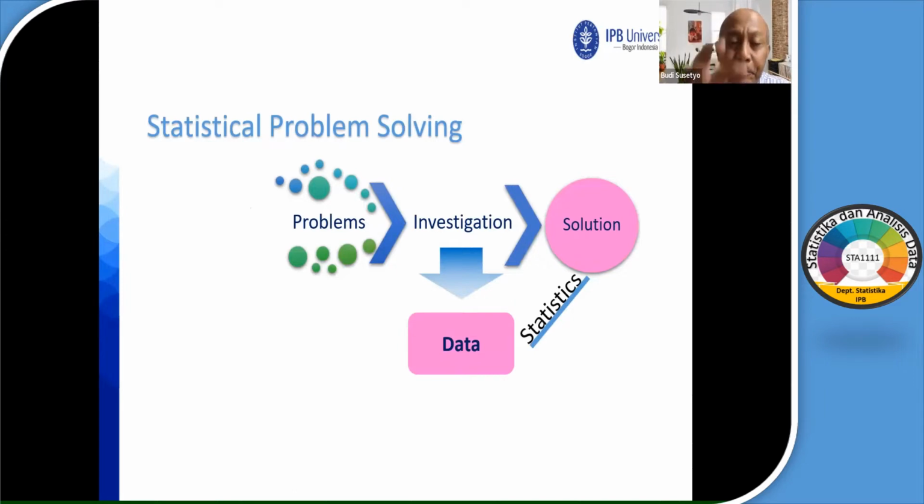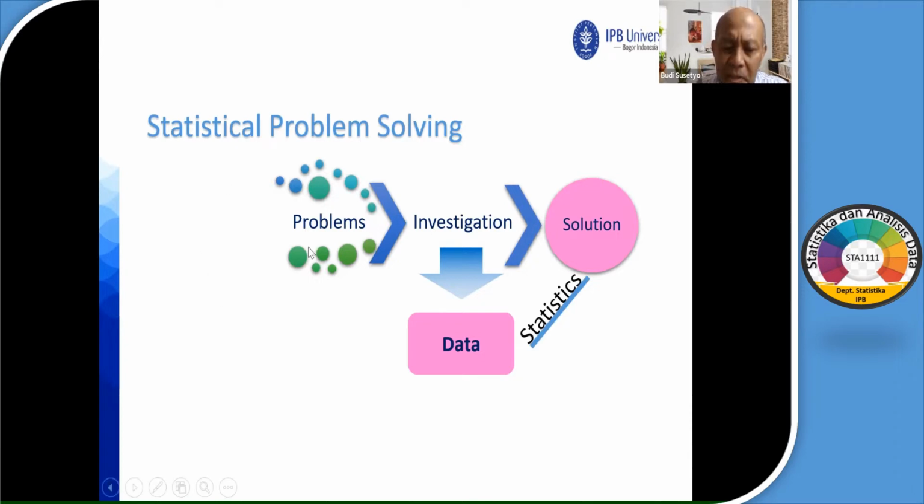So that means the first step, everybody has a problem, and then from the problem, you have to make investigation. So how do you get the information for investigation? The answer is data. Then after you get the data, you have to analyze the data.